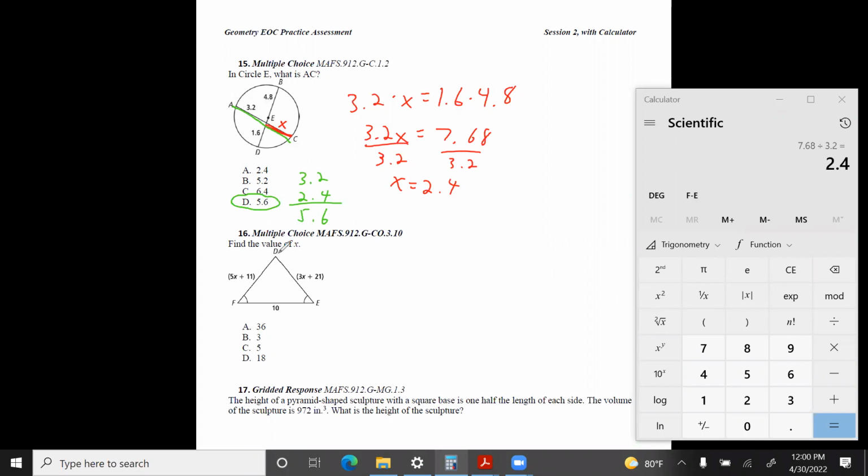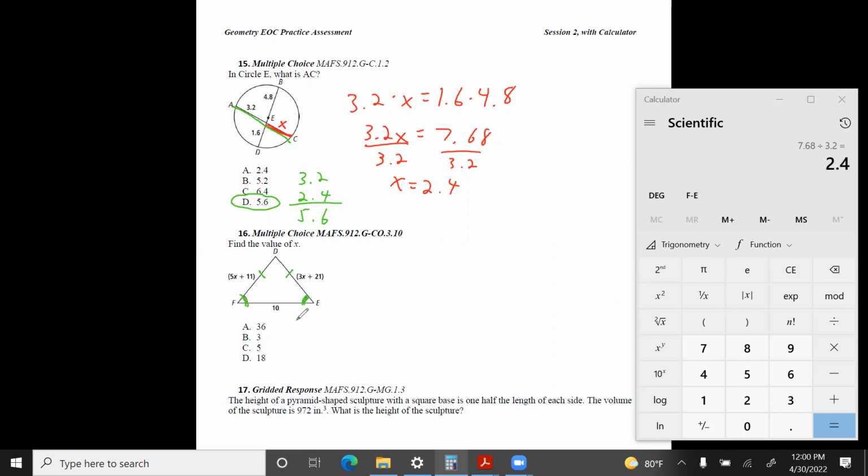On the next one, find the value of x. Since they mark these two corners as congruent, that means that those two angles are congruent, which makes this an isosceles triangle. That's the converse of the isosceles triangle theorem here.